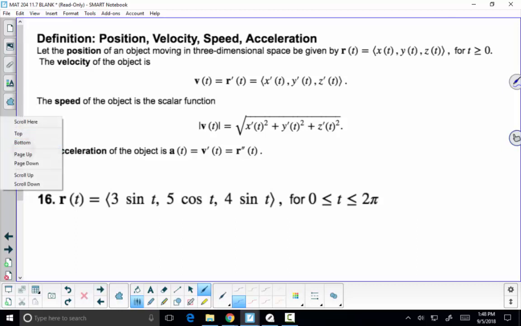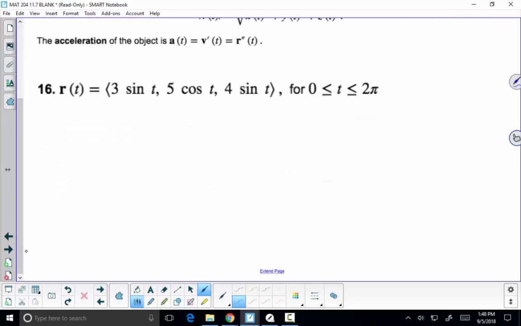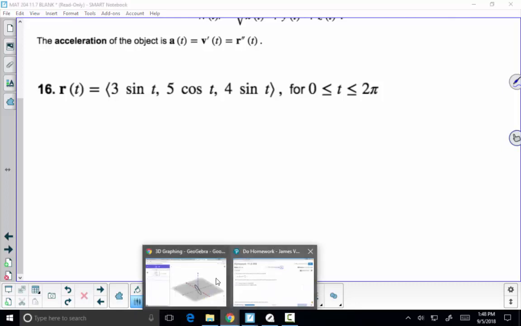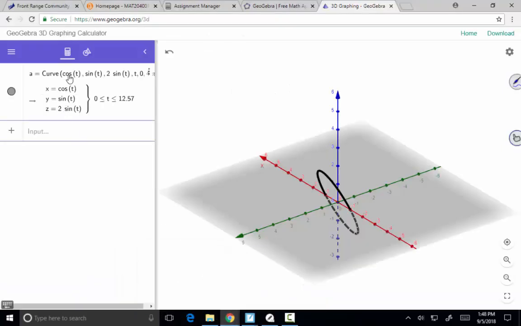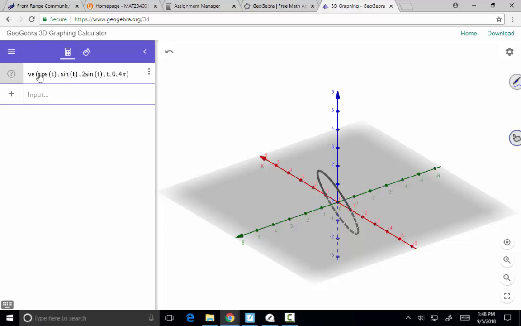So, let's just do one more here. We graphed one very similar to this on GeoGebra just a minute ago. Let's graph this one just to see. Again, you have to use the word curve in GeoGebra to indicate that you're dealing with a parametric curve. What were those coefficients, 2, 3, and 4 or something? 3, 5.